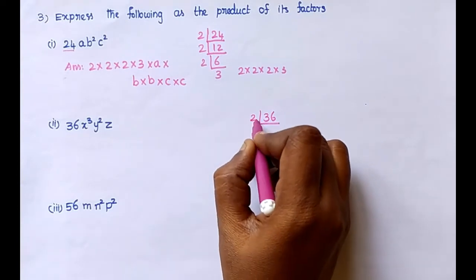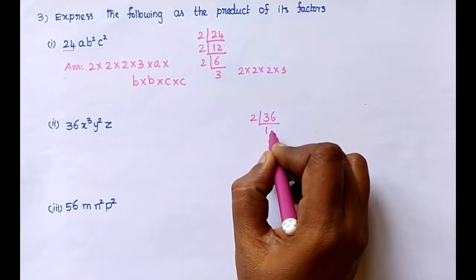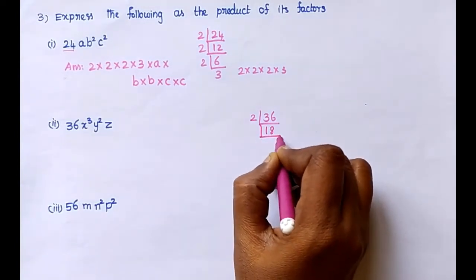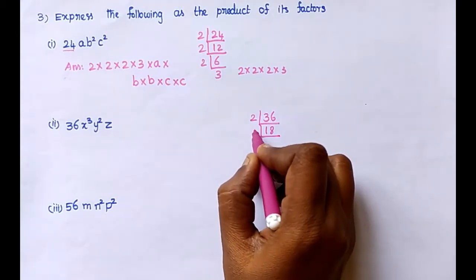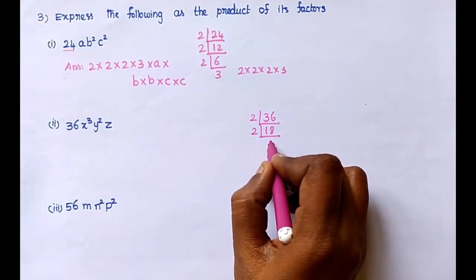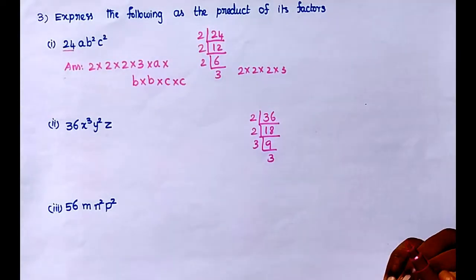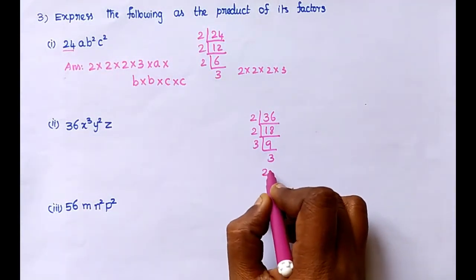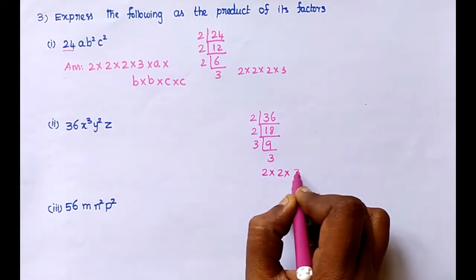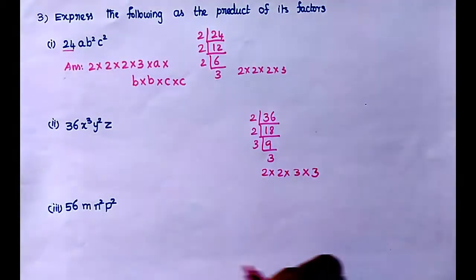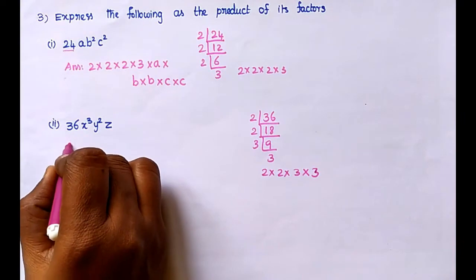Factorize that. How many times? 18 twos are 36. Divided by 2 means we get 9, and here 3. So what is the factor? 2 into 2 into 3 into 3. Now write down the answer here.